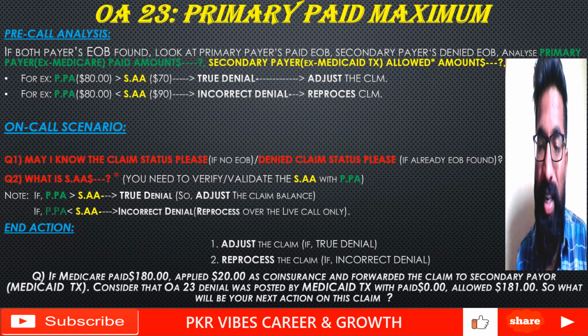So here the question is, what will be your next action on this claim? Again, the primary paid is $180, and the secondary Medicaid Texas allowed amount is $181. What will be your next action on this claim?